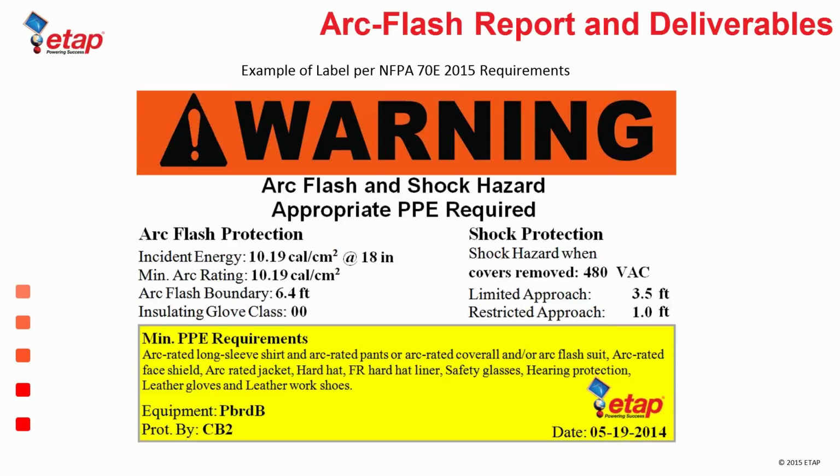You're no longer going to see a Category 0 printed on the label. Some of the labels, like the one we have up here, will display the PPE requirements, a description similar to the yellow box that you see down here. It gives you a guideline on what should be worn by the person performing the work.